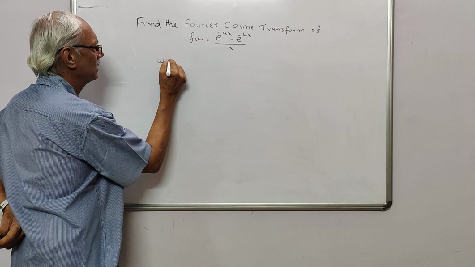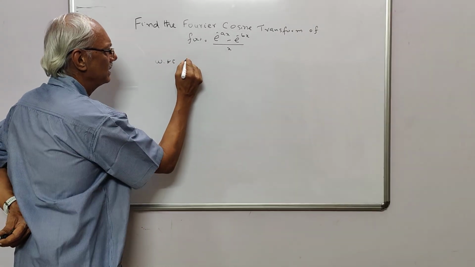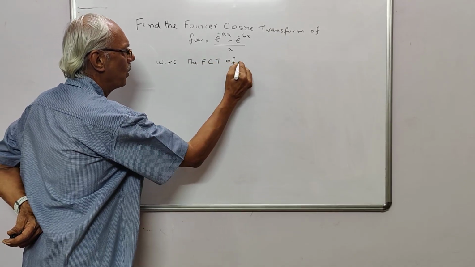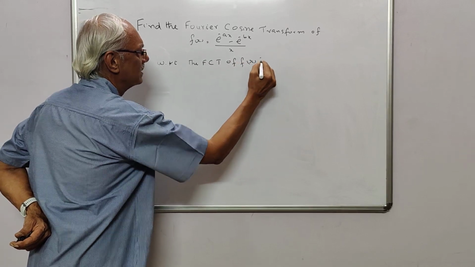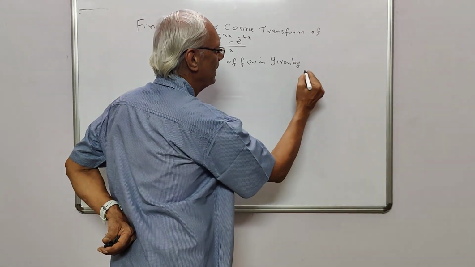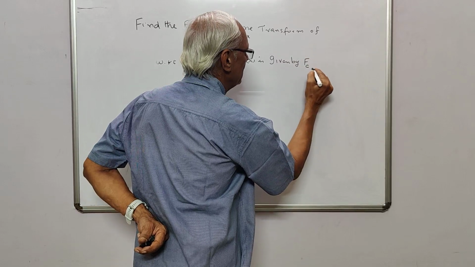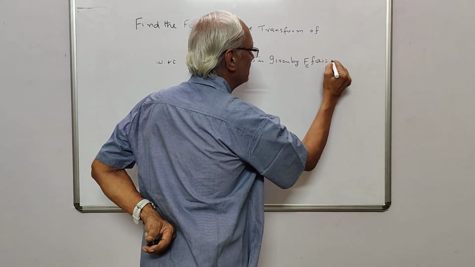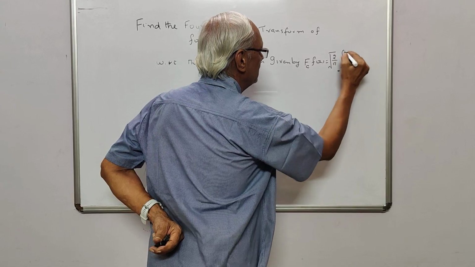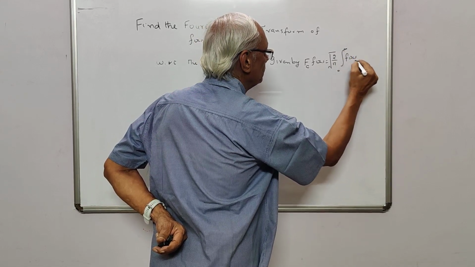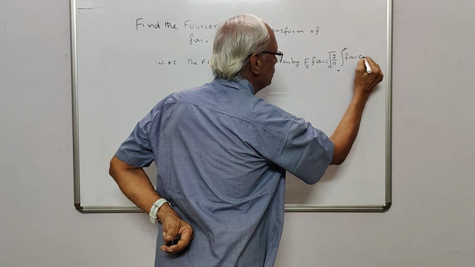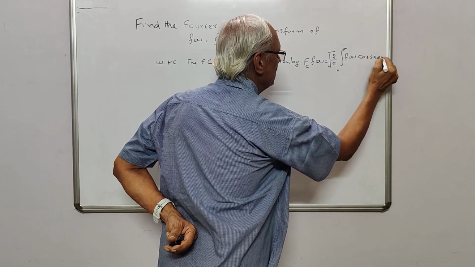See, we know that the Fourier cosine transform of f of x is given by Fc of f of x is equal to square root of 2 by pi, integral from 0 to infinity, f of x into cos sx into dx.